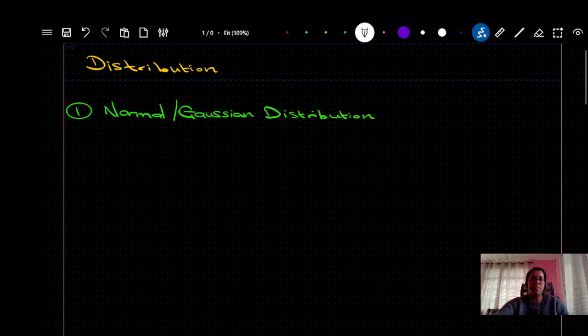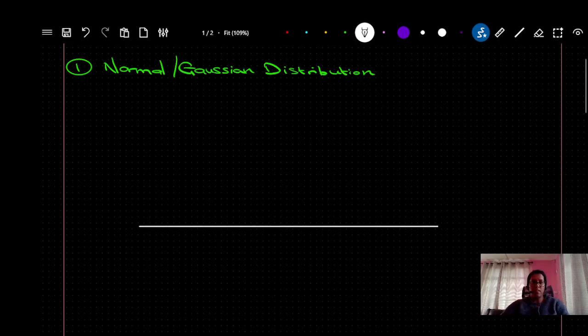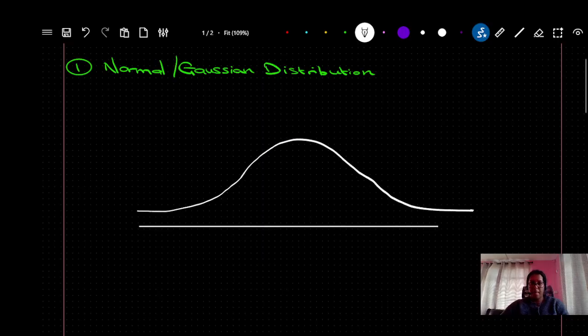I'm sure many must have seen this beautiful bell curve in statistics where we do hypothesis testing, a lot of calculations from it. So it's like this, you have a base and then it's like a bell curve. This is your normal distribution, and normally it's divided into two similar halves.